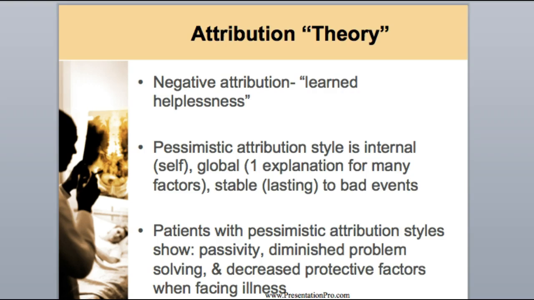They tend to find one explanation for what is going on with them, which decreases their ability to problem solve and find other factors that may also be contributing to the problem. And they tend to be passive in that they don't do very well at being proactive in addressing the issue and addressing the issue head on.